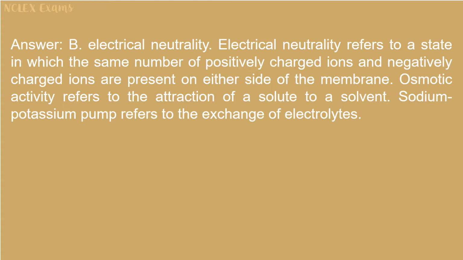Answer B. Electrical neutrality. Electrical neutrality refers to a state in which the same number of positively charged ions and negatively charged ions are present on either side of the membrane. Osmotic activity refers to the attraction of a solute to a solvent. Sodium-potassium pump refers to the exchange of electrolytes.